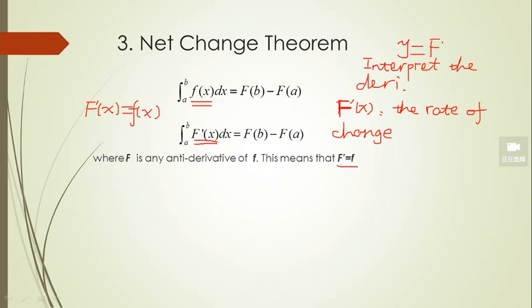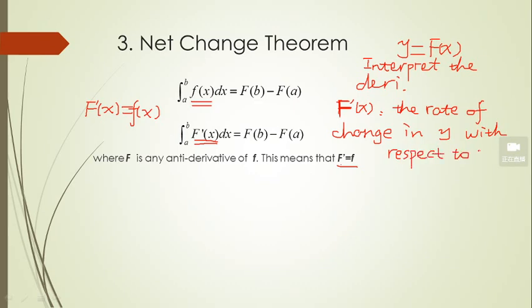If we have y equals big F, then how can we interpret F prime? The rate of change in y with respect to x.